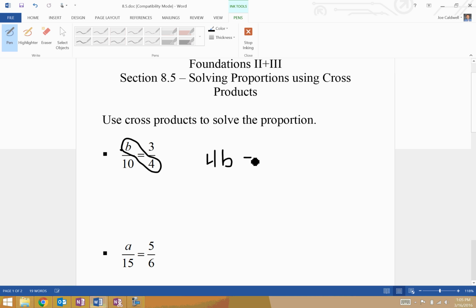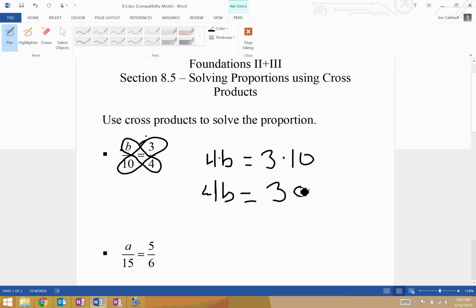So that must mean that 4b, which is 4 times b, is going to be equal to the other cross product, which is 3 times 10. So we rewrite that as 4b equals 30.